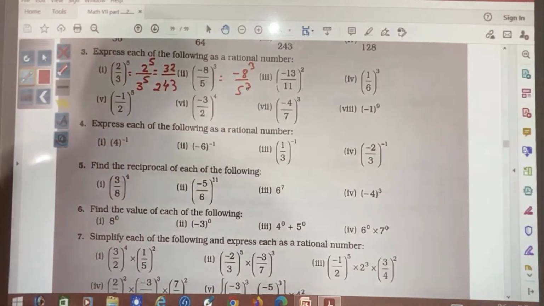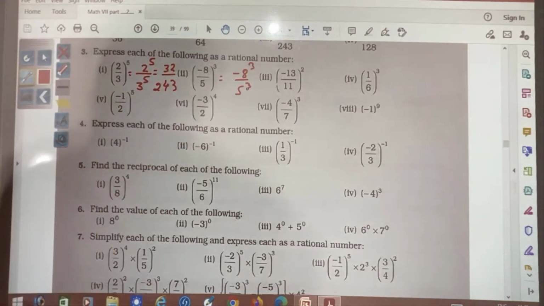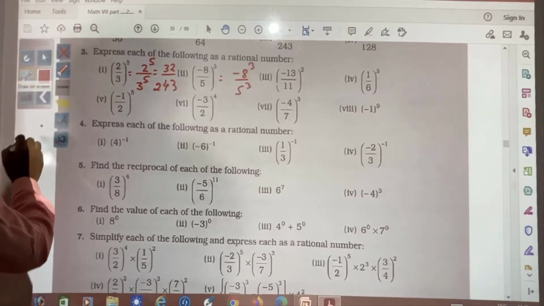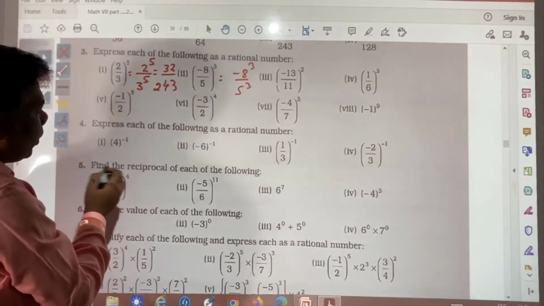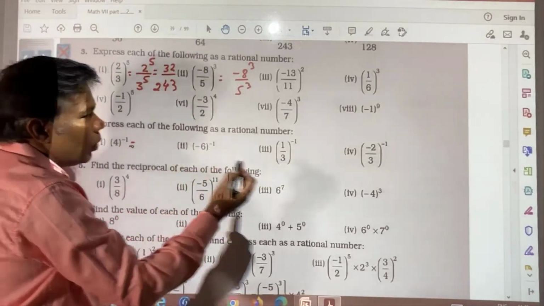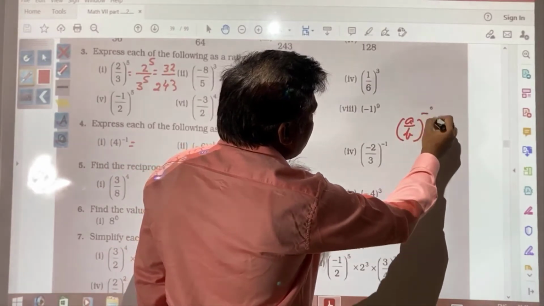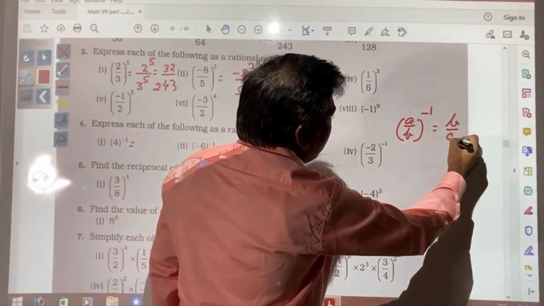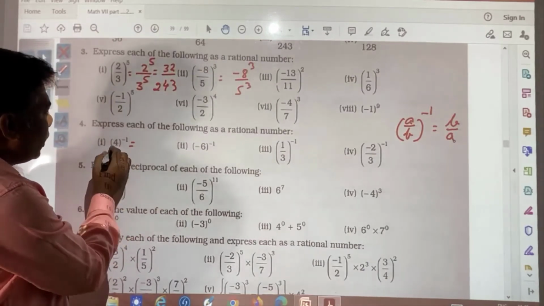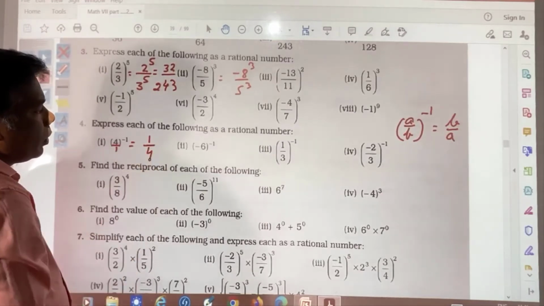And then you have: express each of the following as a rational number. Here also the same thing is required to be done. 4 to the power minus 1. Here you see, as we had learned, a by b to the power minus 1 is equal to b by a. So here 4 to the power minus 1, we have 4 by 1, so this will be 1 by 4. This will be your answer.